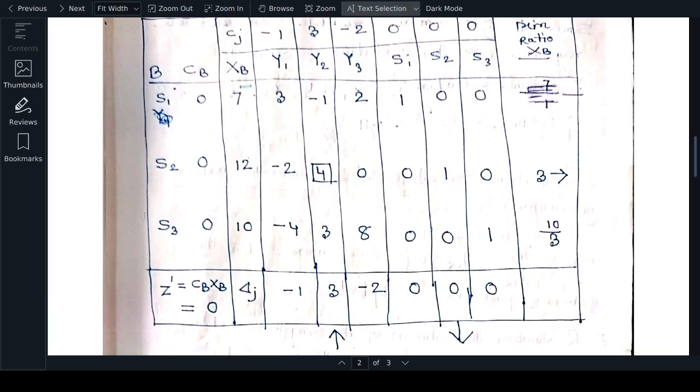Suppose they are -1, 3, and in place of -2 again 3 is present. Then which column do we consider as the incoming vector? You choose arbitrarily either y2 or y3. If you consider y2, you get the solution after 3 tables, and if someone considers y3 as the incoming vector, they get the optimal solution after 4 tables. These are called iteration methods.